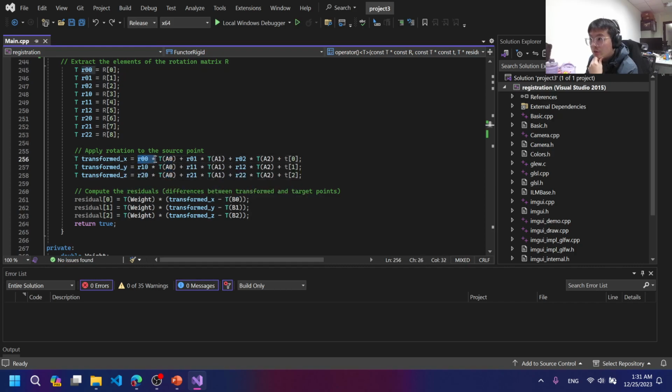Since we have 3 points A0, A1, A2, we have 3 rotations, and we apply rotation to those points. Then RA plus T, and here are the 3 values of the translation vector. Finally, for calculating the residual, we just have to subtract B from it and multiply it with the weight.